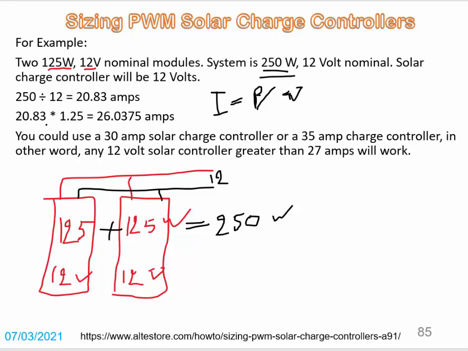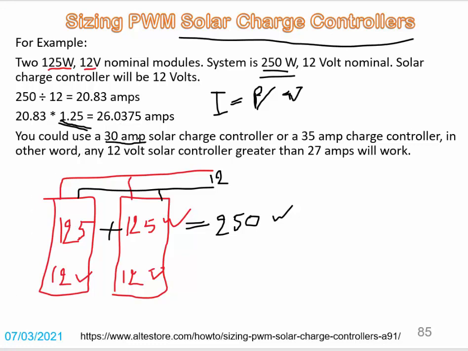Now we add a safety margin, so we multiply the result by 1.25, and the final result is 26.0375 amps. So which controller size do we have to choose?